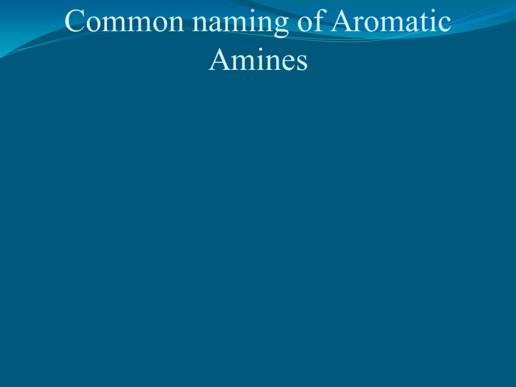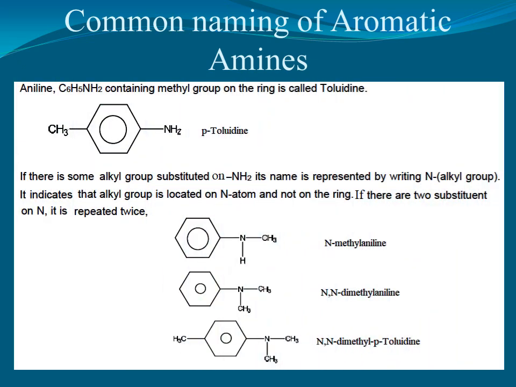Now students, let us see the common naming of aromatic amines. When a benzene ring is attached to NH2, it is called aniline. And students, you know that when a methyl group is attached to a benzene ring, it is called toluene. Now if both of these groups, NH2 and CH3, are present simultaneously on the ring, then the name of this compound is toluidine.